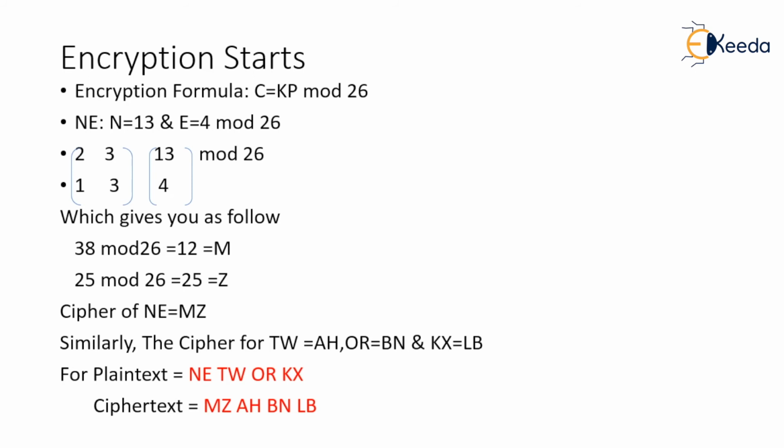Thus, by using the encryption formula C equals KP mod 26, we can convert your plain text into the ciphertext, that is MZ, AH, BN, LB. Now you can see that this ciphertext doesn't have any meaning. It doesn't form any word or anything that can be used in a meaningful sentence.